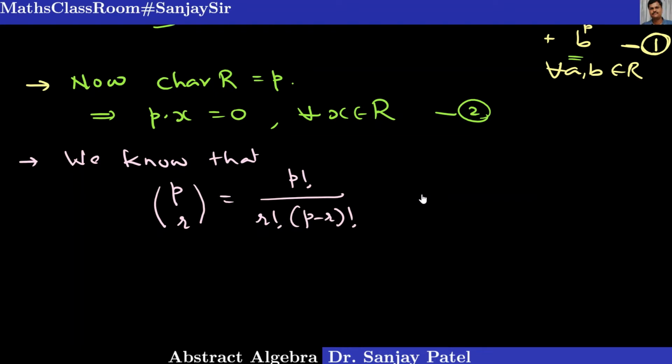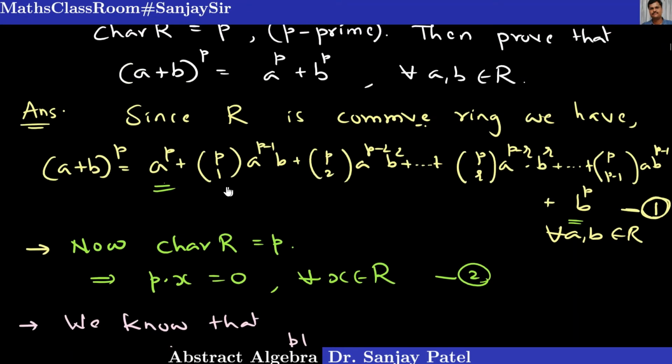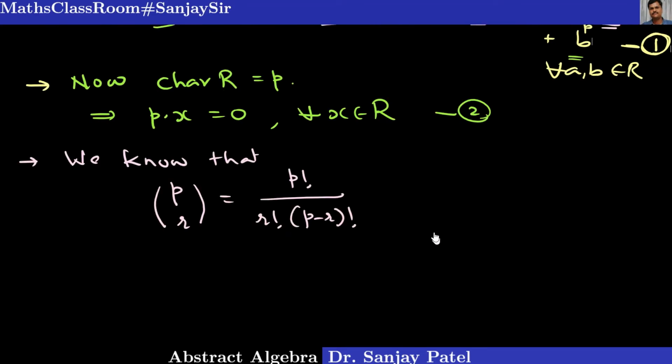And I am interested only in these binomial coefficients pC1, pC2, pCr and up to pC(p minus 1). So I am putting a restriction here that 1 is less than or equal to r less than or equal to p minus 1. I am just considering these values. Then for 1 less than or equal to r less than or equal to p minus 1, no, let me not write here.